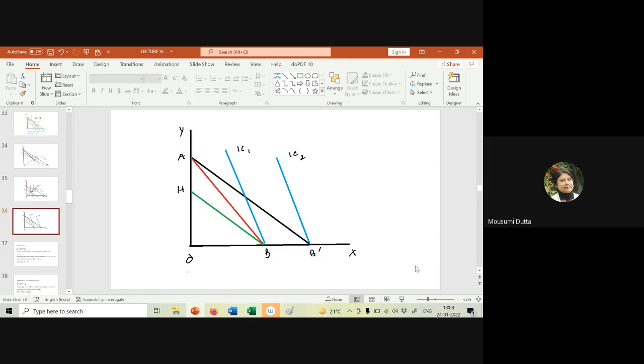The income compensated budget line is HB, which is parallel to AB prime, and meets IC1 at B. Thus, the substitution effect is zero.